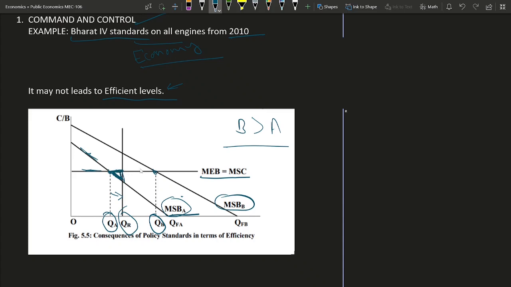In the case of firm B, it will produce less than its efficient output. Instead of QB quantity, it will produce only QR, and this is the area where the benefits were higher than the cost, we are missing this area. So this will be the welfare loss.